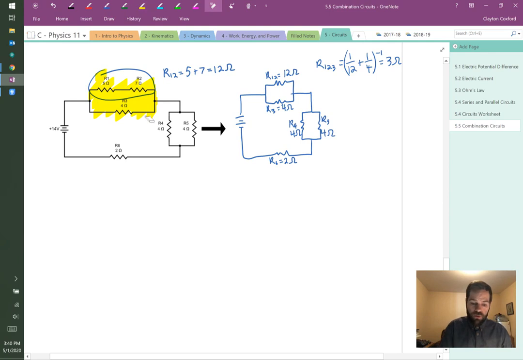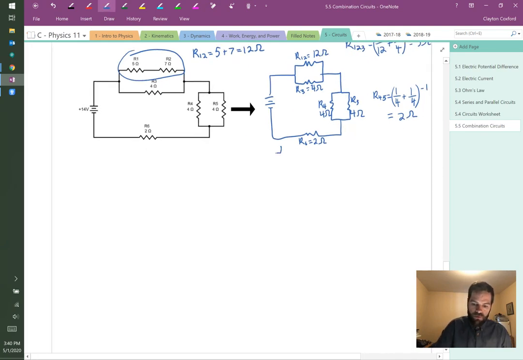So we will draw that in our simplified circuit. We also see here that R45 is going to be 1 over 4 plus 1 over 4 to the negative 1. It's going to be 2 ohms.